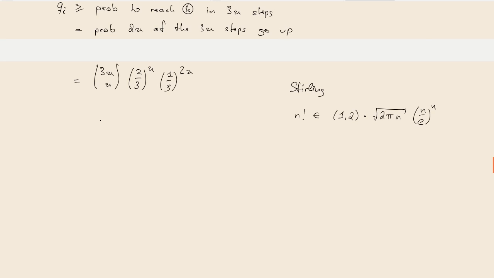So we use this for the binomial coefficient. If you write down the factorial representation, we would like to get a lower bound on this Q. That means we use the lower bound on the top and the upper bound in the denominator.